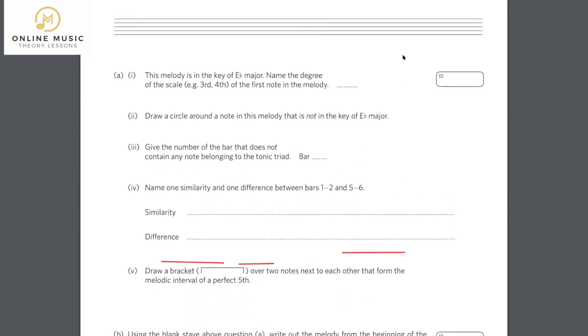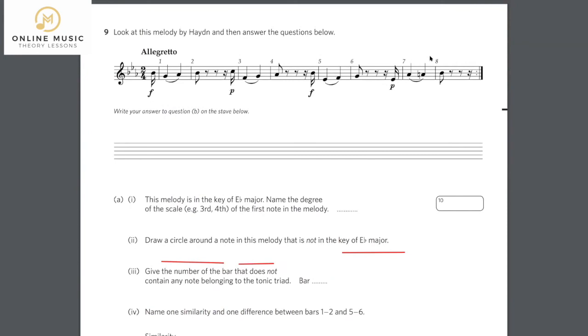Okay. Alright, so if I show you where that is. First note of bar 6 being that one. So you have to copy this one here out an octave lower in the bass clef.